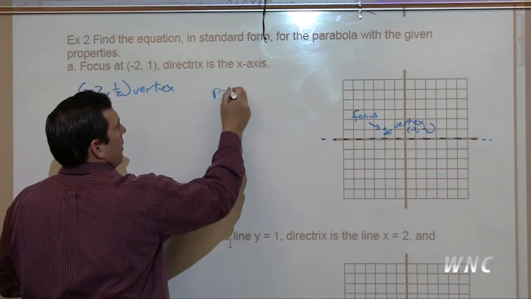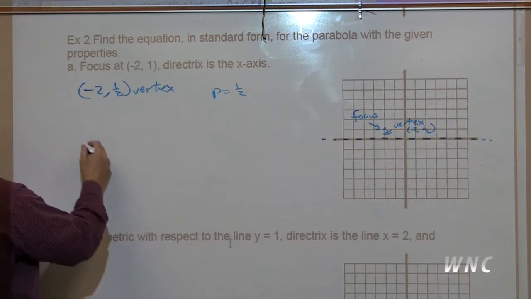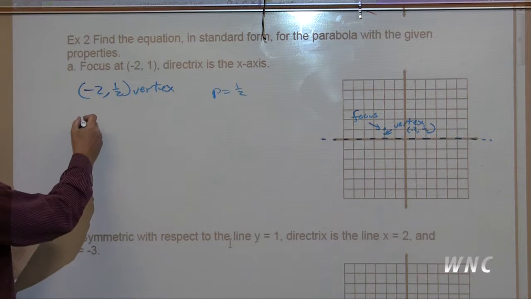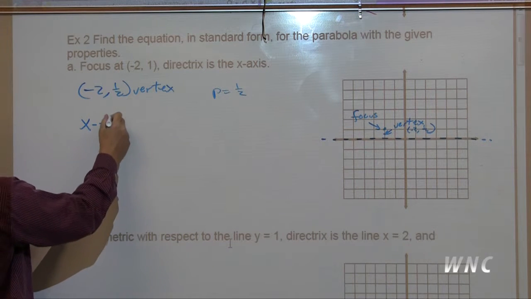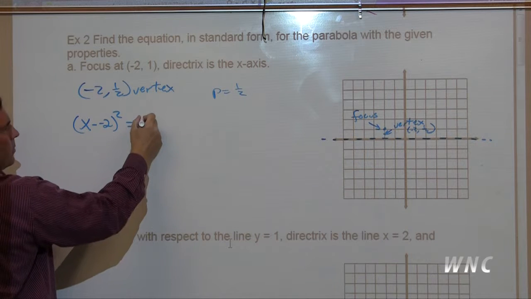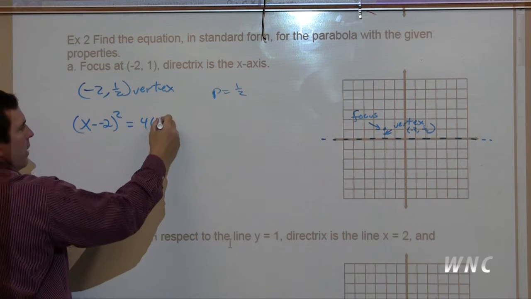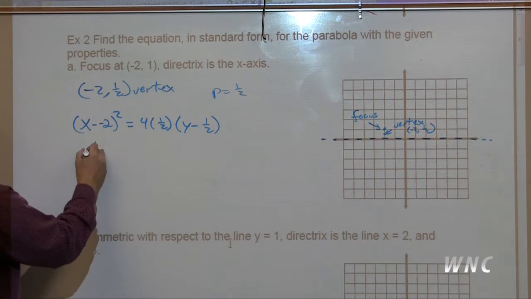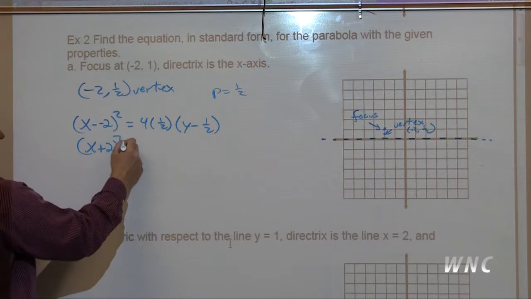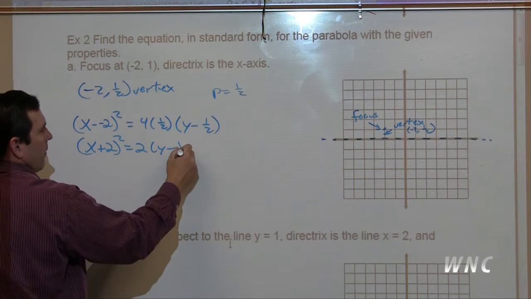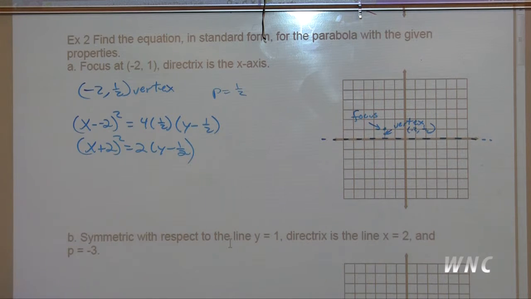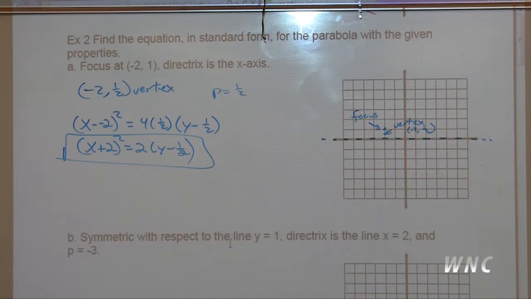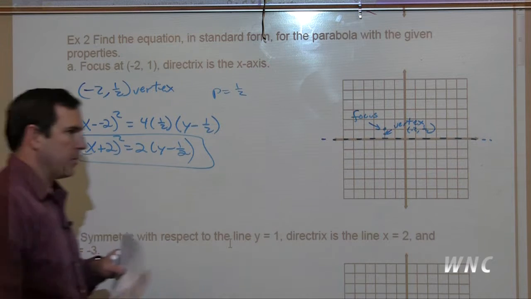So P would be 1/2. And this one's going to open vertically, so it's going to be x minus negative 2 squared equals 4 times P, which is 1/2, times y minus 1/2. So x plus 2 squared equals 2 times y minus 1/2. And that's it. Okay, that was fun.